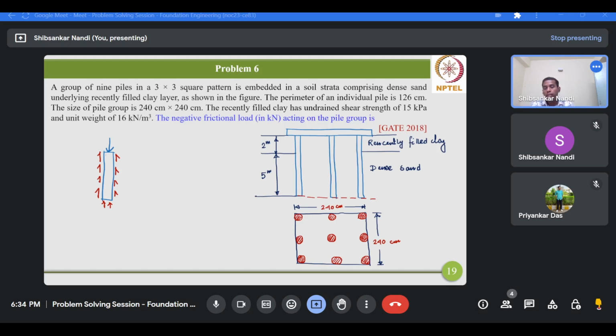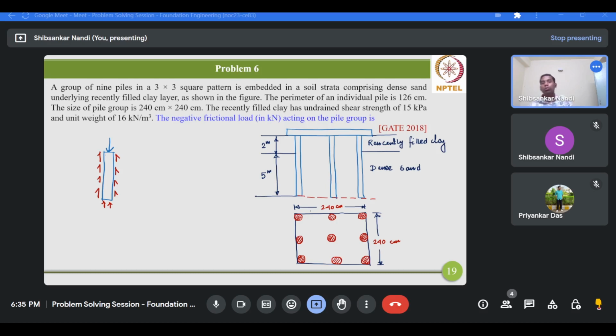Earlier the skin friction acted upward, giving resistance against the externally applied vertical load. Here this skin friction is basically acting as an overburden over the externally applied vertical load. So it's not contributing to the resistance, it's contributing to the load.